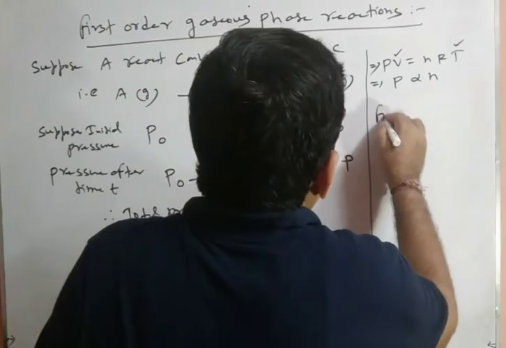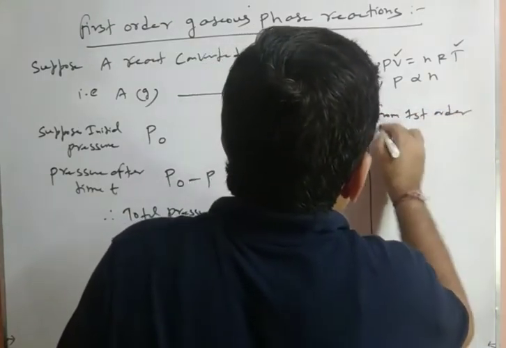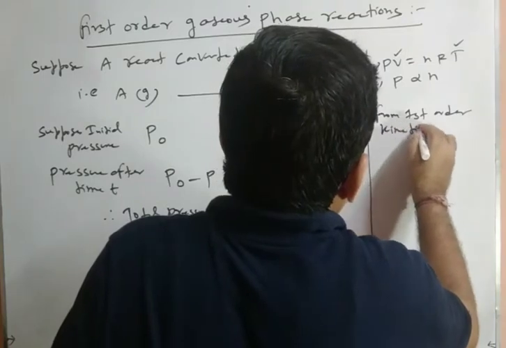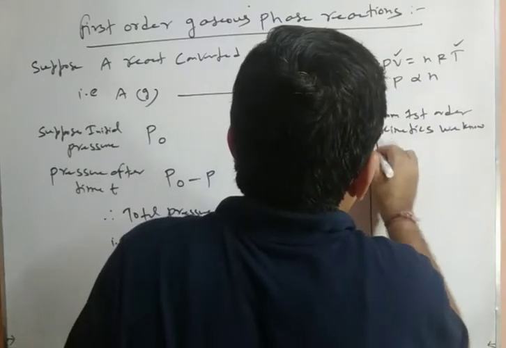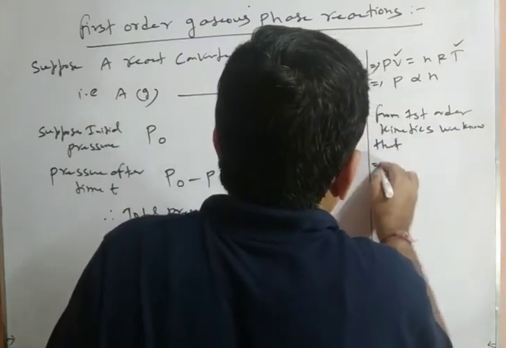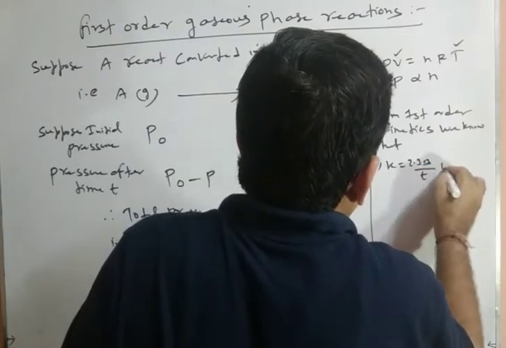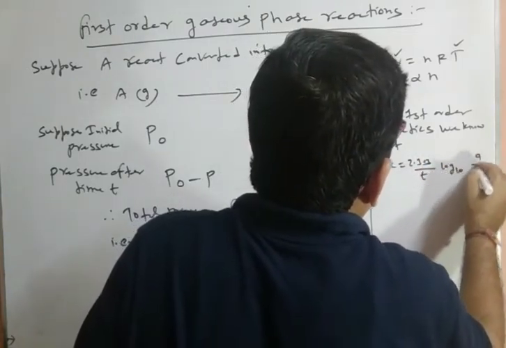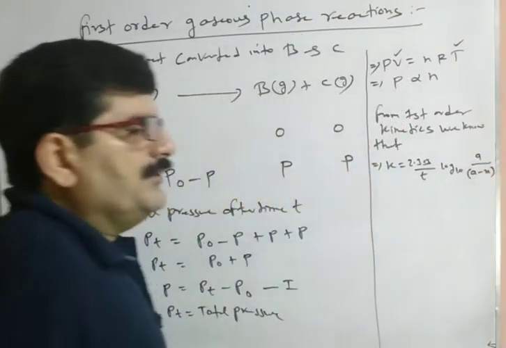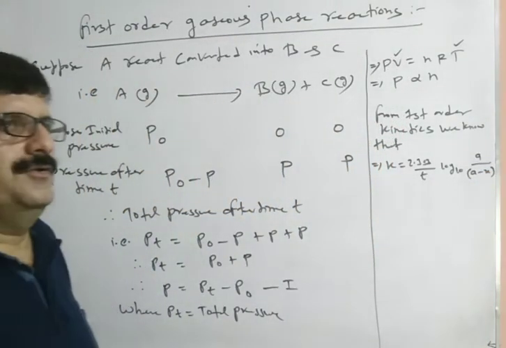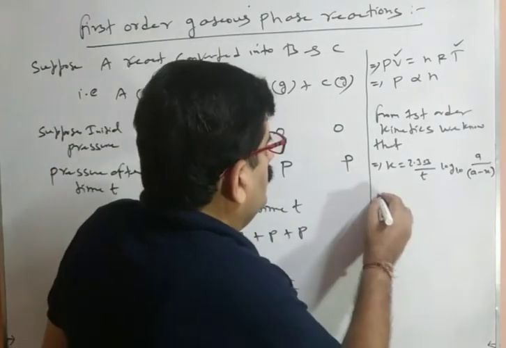From first order kinetics, we know that k is equal to 2.303 by t log base 10 a by a minus x. What is a? Initial concentration. a minus x, concentration after time t.